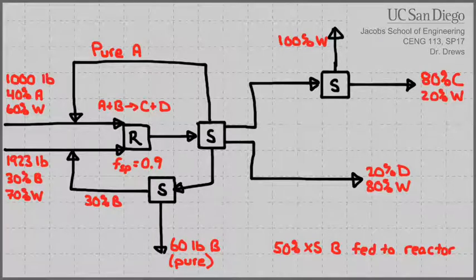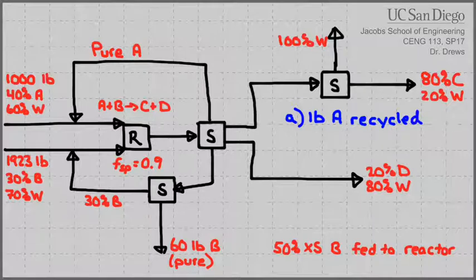Okay, so there's everything that we've got. That's all the information that we were given. We were asked to determine two things in the problem statement. The problem statement asks us first to give the pounds of species A recycled. Here we're talking about this stream. We want to know what's the mass flow rate up there.